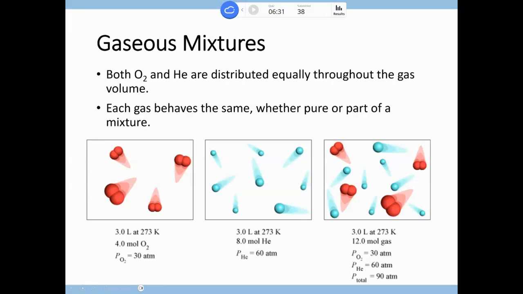Then we have 3 liters at the same temperature, so same volume, same temperature, and now we have 12 moles of gas. We've added the 4 moles of oxygen and the 8 moles of helium. Then the total pressure is the sum of those individual pressures: pressure of oxygen plus pressure of helium gives us a total pressure of 90 atmospheres in this mixture.